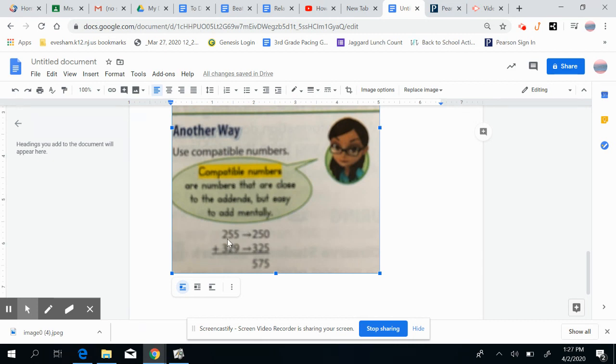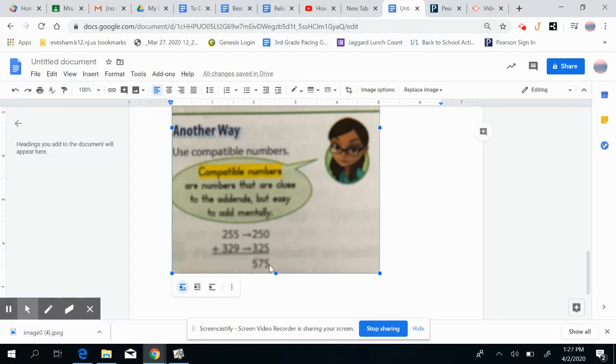If you look at this person, with 255, they thought of a number really close to 255 that would make their addition easier. So they used 250, and for 329 their compatible number was 325 because they thought this would be easy to add.